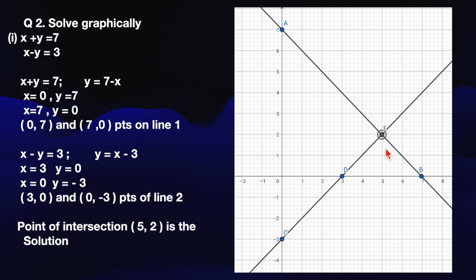As you can see, both the lines will intersect at this point here. Let's find the coordinates of this point. Draw a line like this. X coordinate is 5. Draw a line like this. The y coordinate is 2. So 5, 2 is the solution. This point will satisfy both the lines.